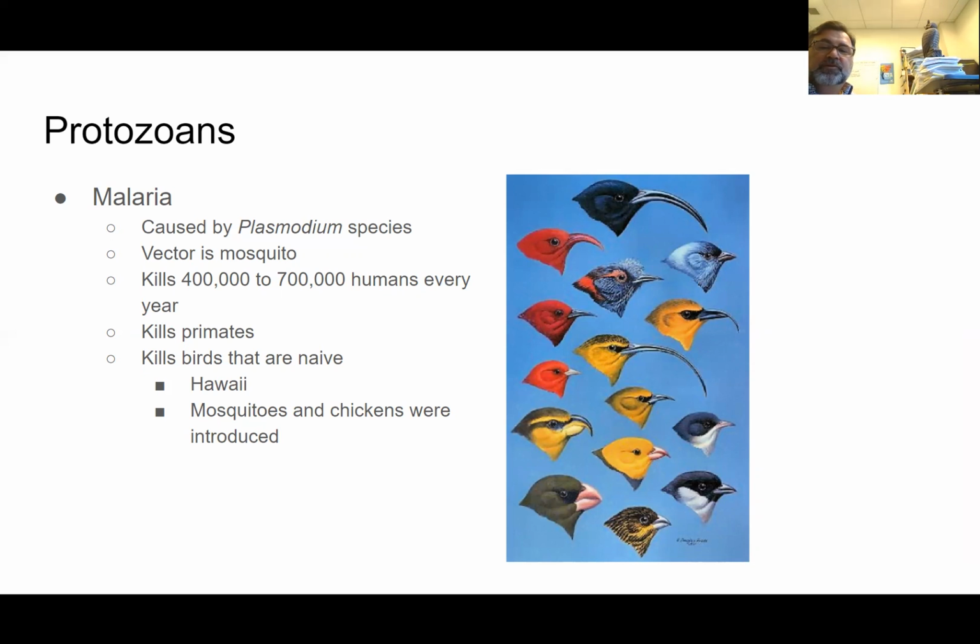And when we introduced mosquitoes and chickens, which are not naive to malaria and are probably a reservoir for malaria, avian malaria escaped and caused the extinction of a number of really cool Hawaiian birds.